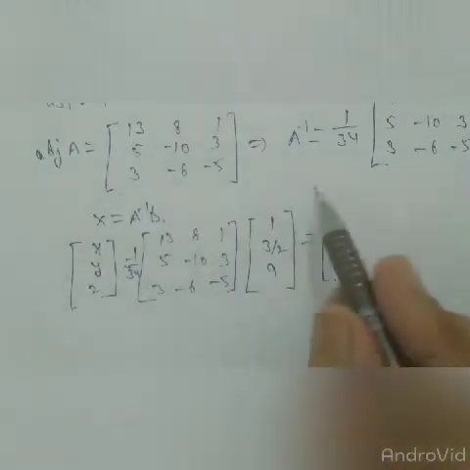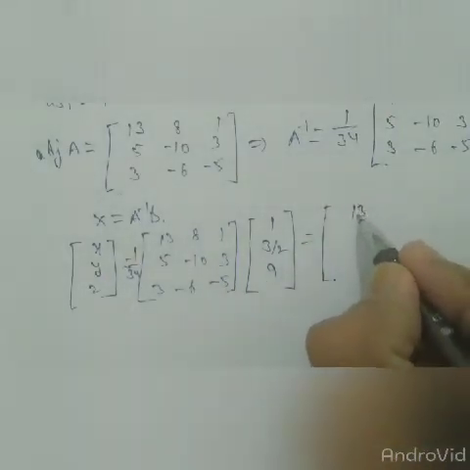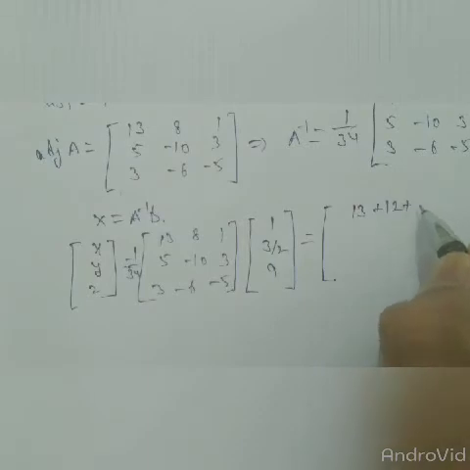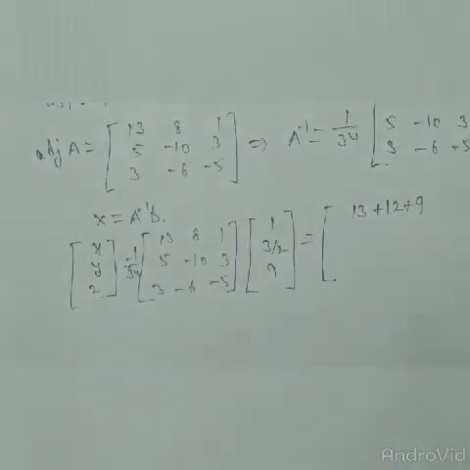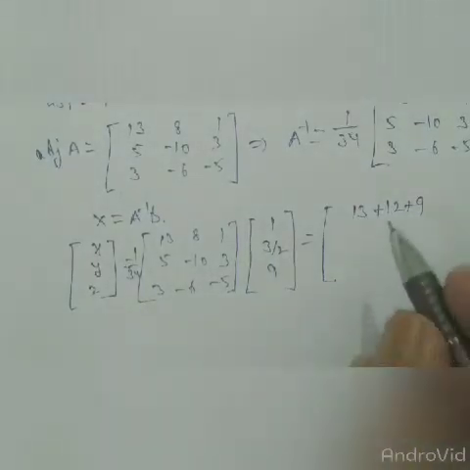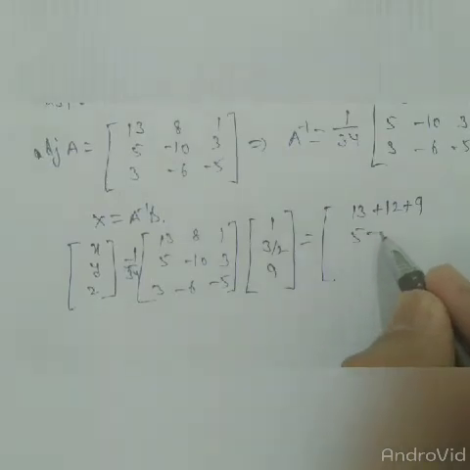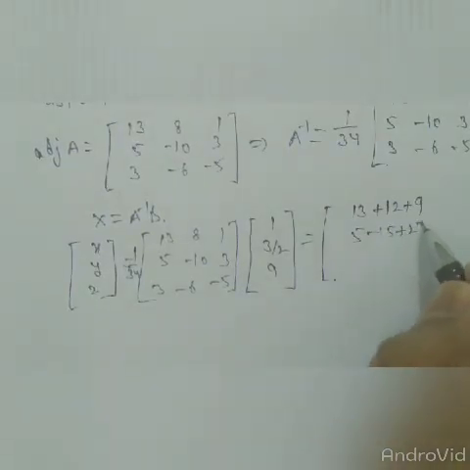If we multiply first row, first column: 13 plus 12 plus 9. First row, second column: 5 minus 15 plus 27.